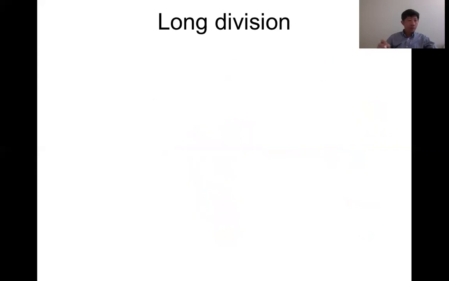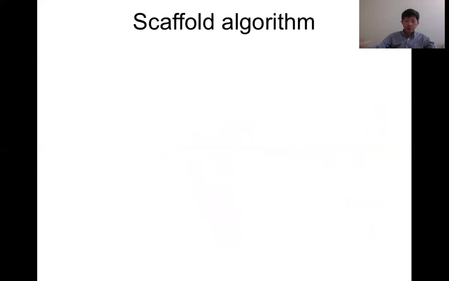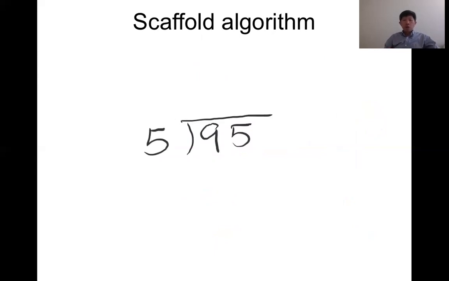Next, scaffold. The scaffold method is similar to long division, but I think the scaffold method shows place value more clearly. In long division, we put a 1 there, right? But conceptually it is not 1.